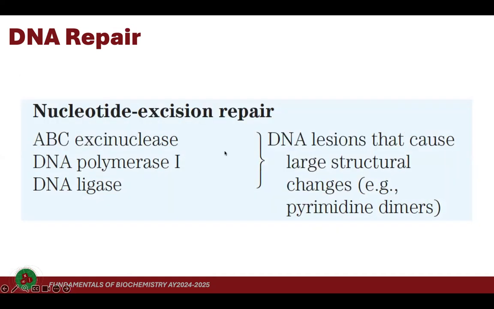Then we have nucleotide excision repair. So this one addresses lesions. Okay, so it removes more than one nucleotide to address the DNA lesion. So it doesn't simply remove a nitrogenous base, but it removes a certain segment of one strand of your DNA.